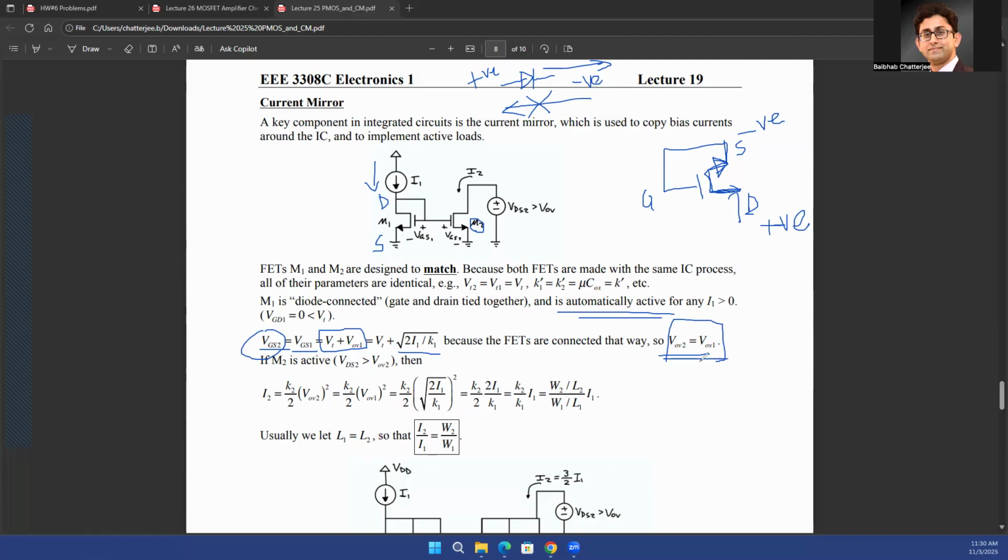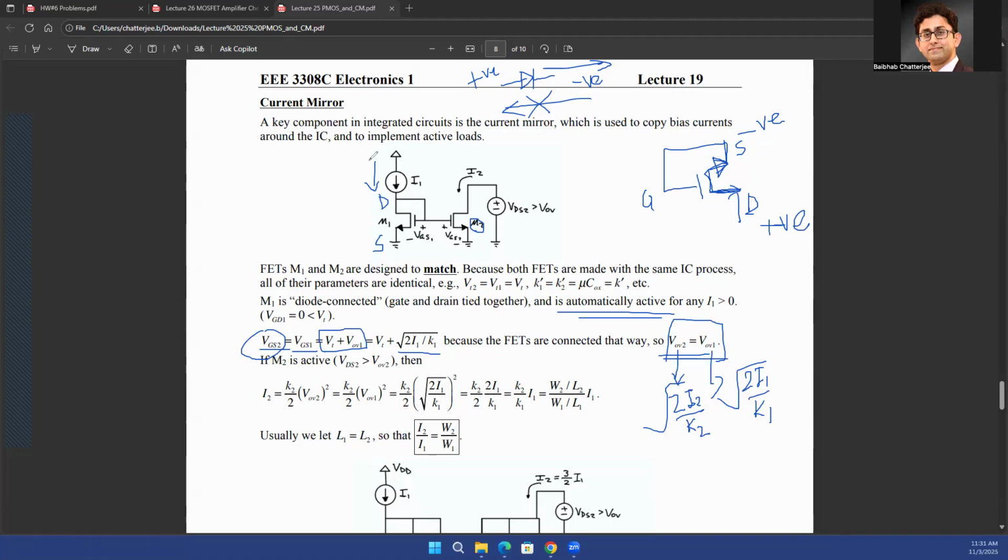And if so, V overdrive of 1 is equal to the square root of twice I1 over K1, and V overdrive of 2 is equal to the square root of twice I2 over K2. Now, if K1 is equal to K2, that is, the device transconductances are equal, then I1 has to be equal to I2.